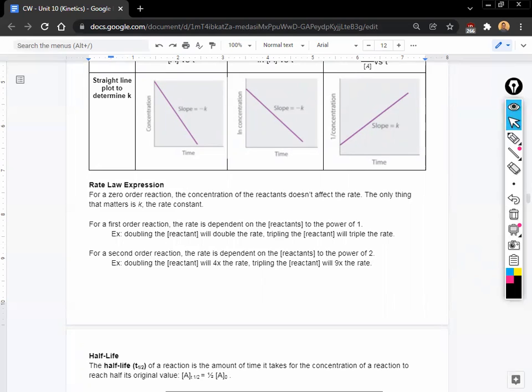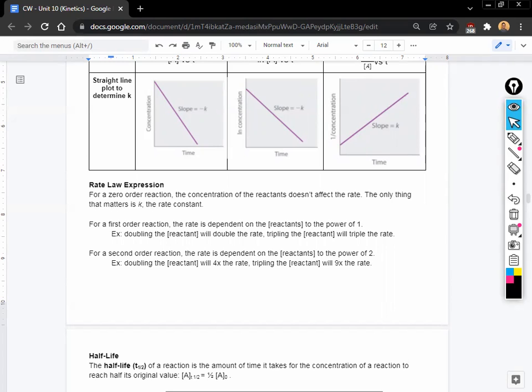For first order, the rate is dependent on the reactant concentration to the power of 1. So it basically correlates exactly the same. If I double a reactant, it will double the rate. If I triple a reactant concentration, it will triple the rate. If I quintuple it, the rate will quintuple. Same thing, just keep going down the line.